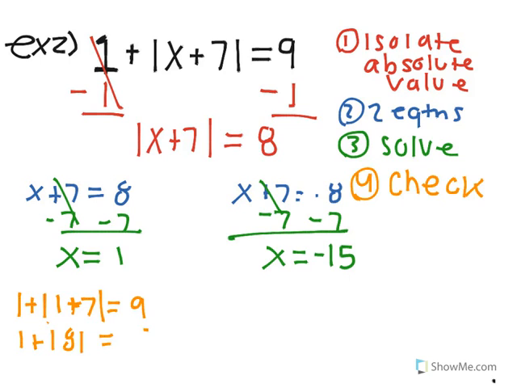Absolute value of 8 is equal to 9. 1 plus 8, the absolute value of 8, which is just 8, is 9. And by the way, absolute value just makes a negative a positive, and a positive just stays a positive. That's the whole point of absolute value. Everything is positive. If I did not mention that before.